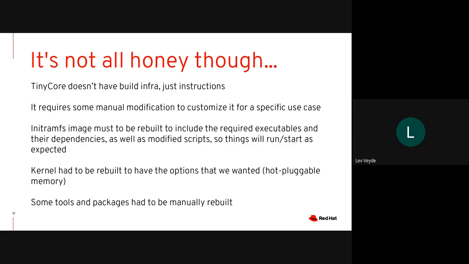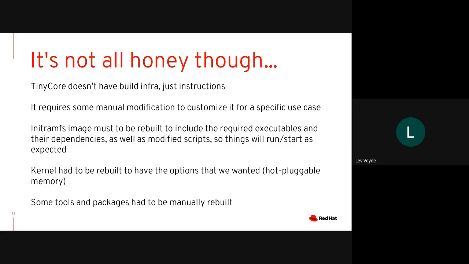So it's not a simple modification as you do with a regular Linux distribution, where it's basically stateful. You can install the image, then do some modification and it will be saved on the block device. Here, for any modification that you want, you need to create a new initramfs image to include these changes.